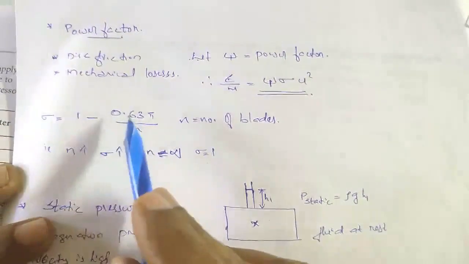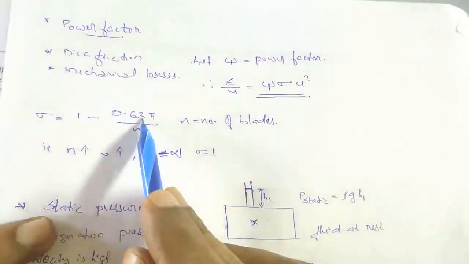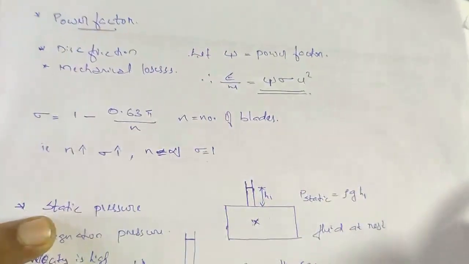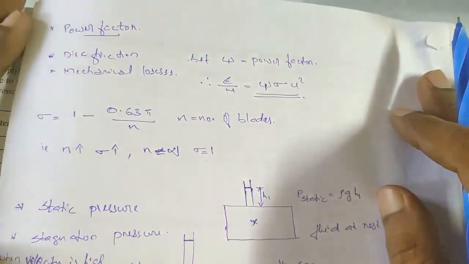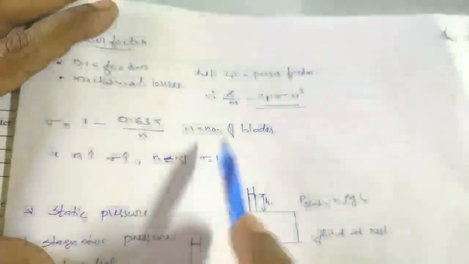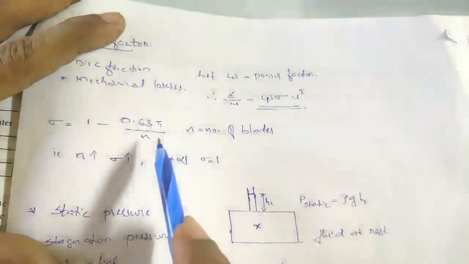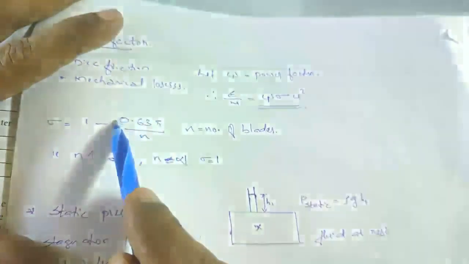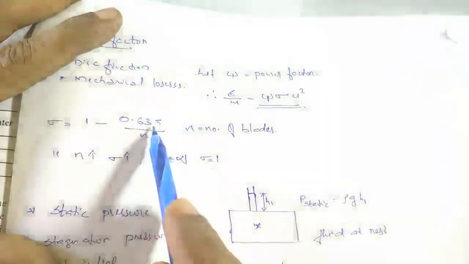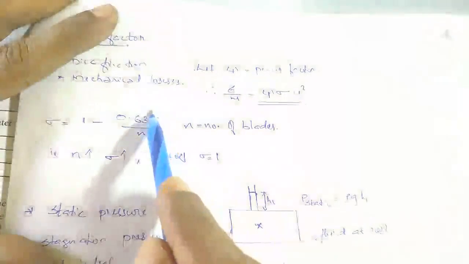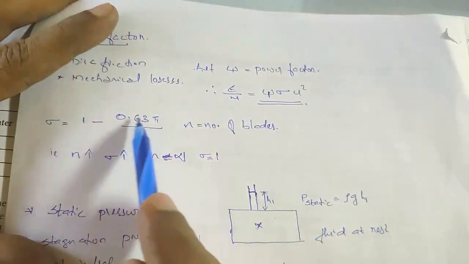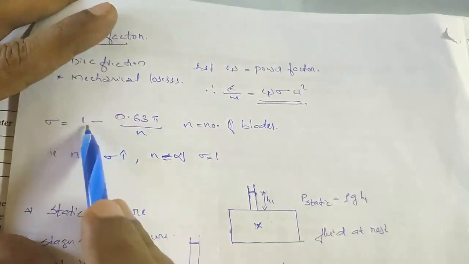So sigma is equal to 1 minus 0.63 pi by n. This is an expression for sigma, where n is the number of blades. So what happens when n increases? When n increases, this term will decrease so that this value will increase. So it will be much closer to 1.